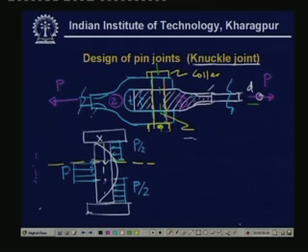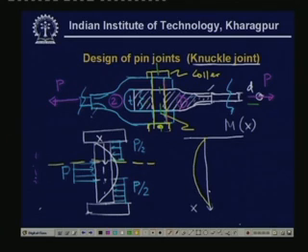Now, if you draw the bending moment diagram, again along the same axis, then if you remember the earlier drawing for the shear force, the bending moment diagram looks somewhat like this. The maximum bending moment occurs over here. And what is the value of the maximum bending moment?